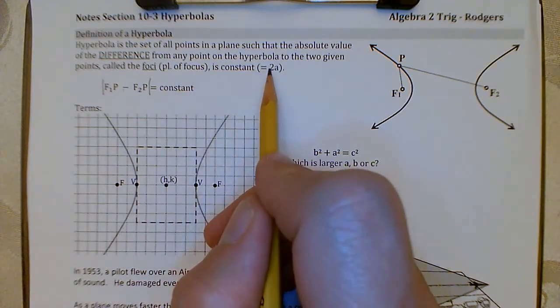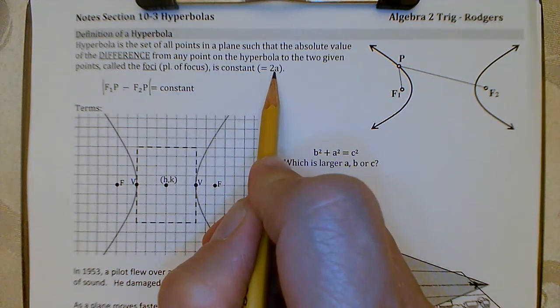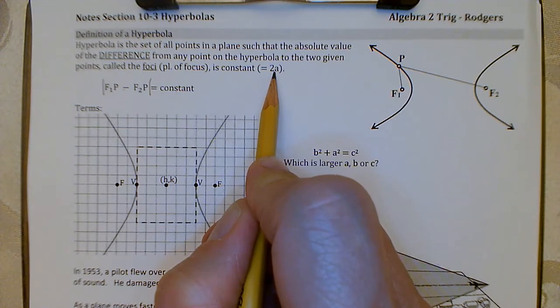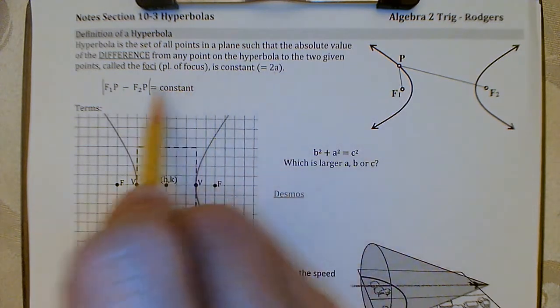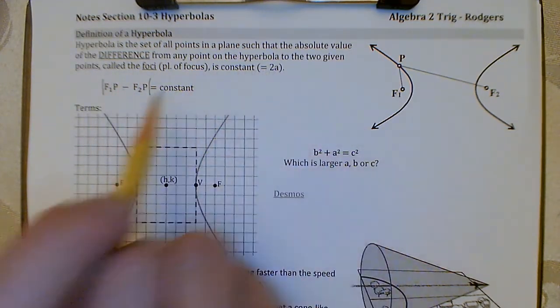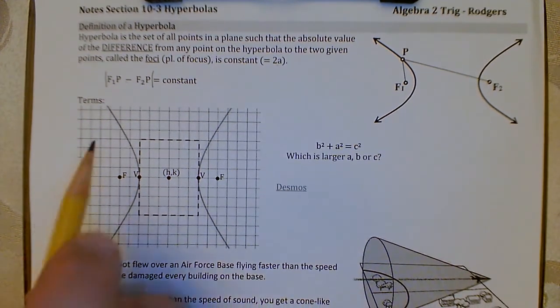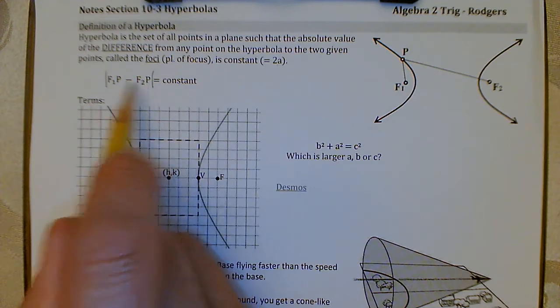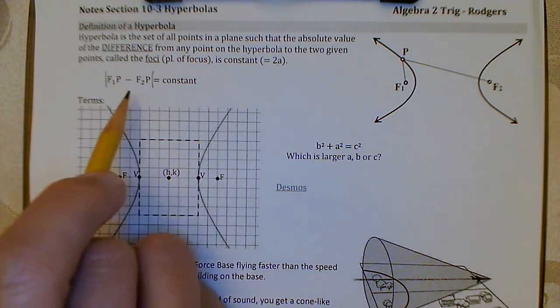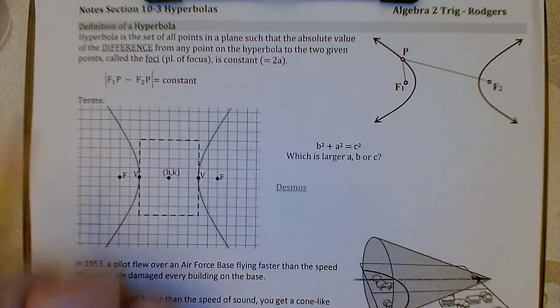As it turns out, that constant is 2a. It's 2a for hyperbolas, as the definition for ellipses was also 2a. In that case, we were adding the distances between the point and the two foci, but here it's the absolute value of the difference of those distances.